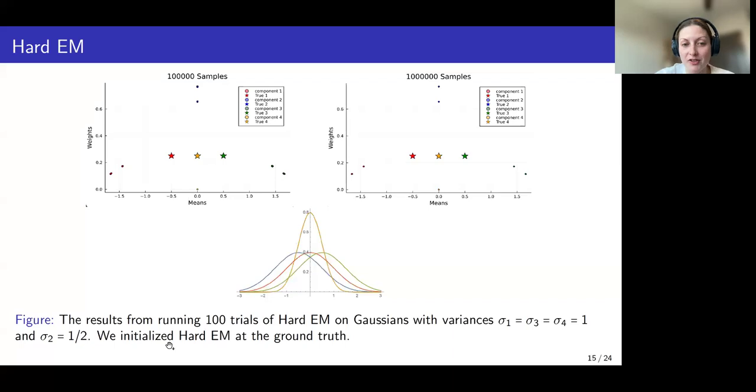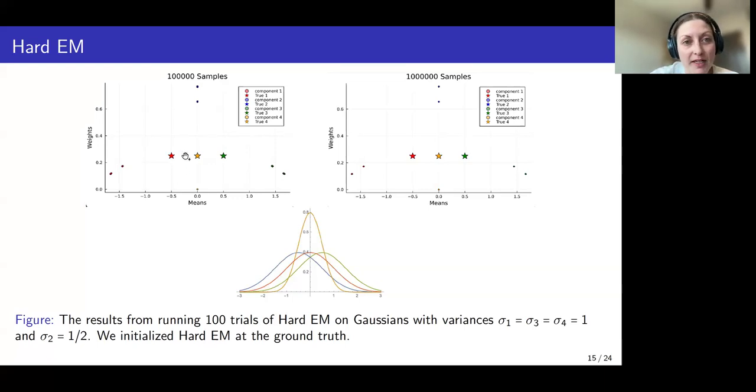Moreover, I am initializing this at the ground truth, so I'm trying to set this up to do as well as possible. And maybe it isn't so surprising that, because we have an empty Gaussian Voronoi cell, this algorithm can't converge to the ground truth.